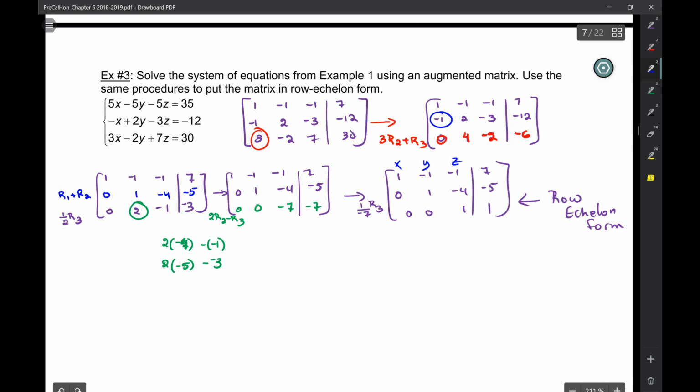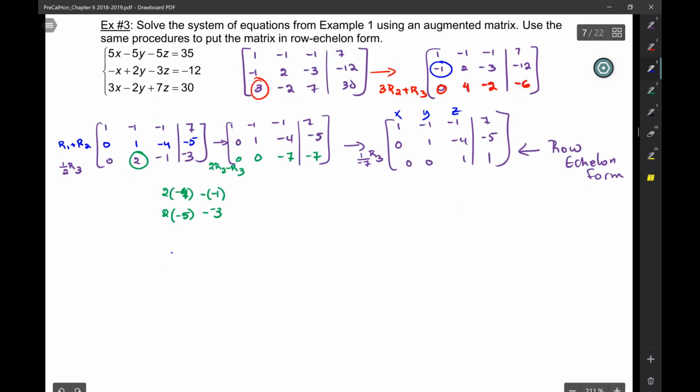So the way you convert this to equations is, from row 3, I have z equals 1. From row 2, I have y minus 4z equals negative 5. From row 1, x minus y minus z equals 7.